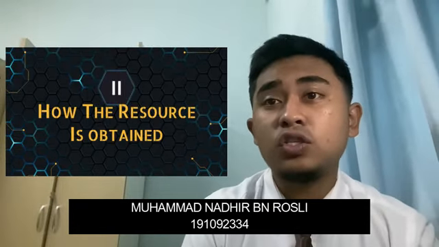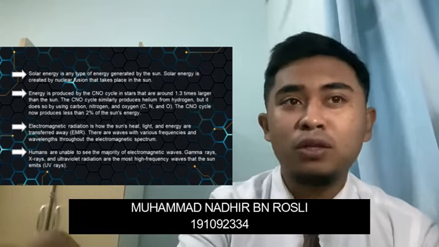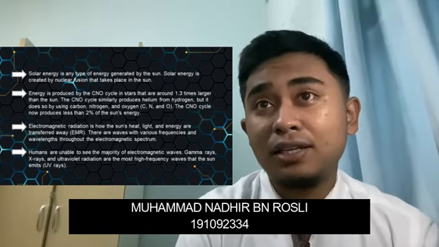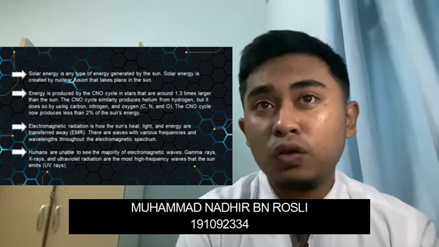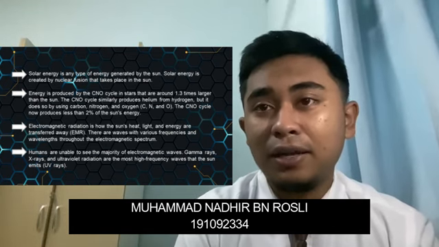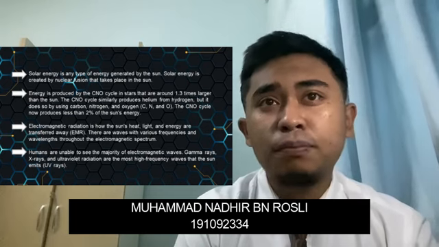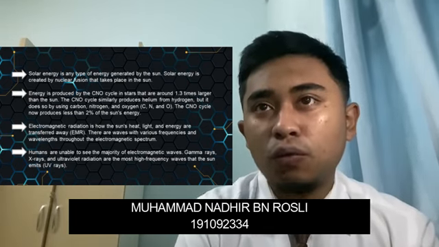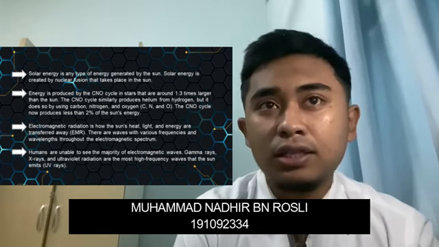So next, maybe you are wondering how the resource is obtained. Here I would like to explain to you. Solar energy is any type of energy generated by the sun. Solar energy is created by the nuclear fusion that takes place in the sun. Energy is also produced by the CNO cycle in stars that are around 1.3 times larger than the sun.